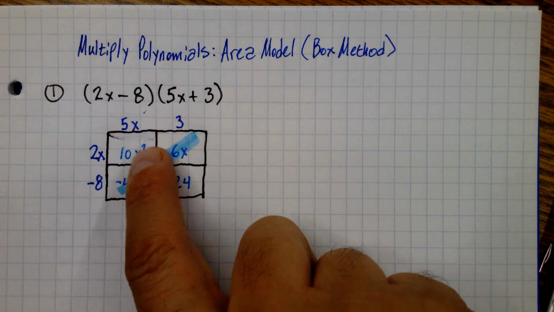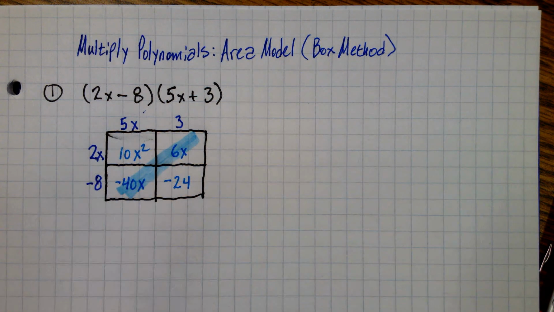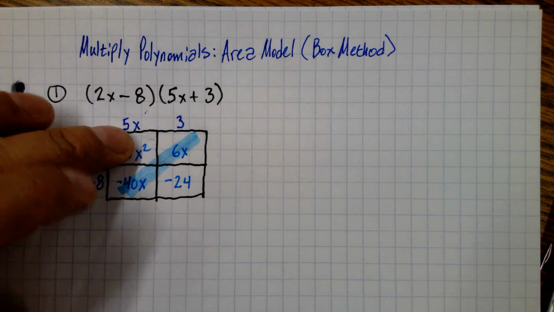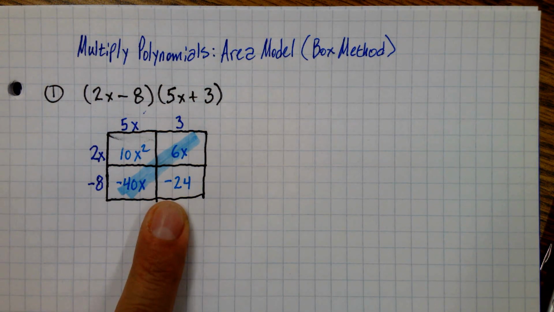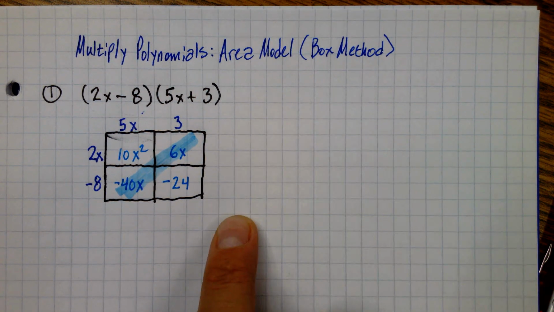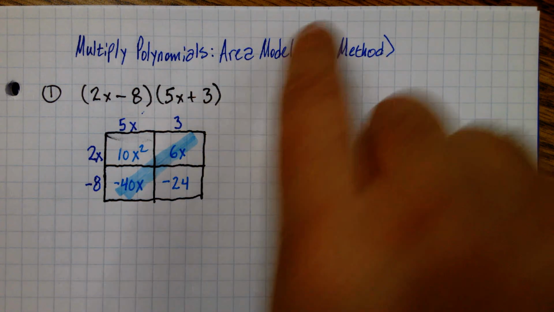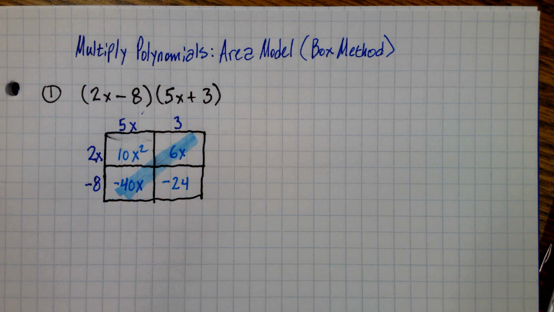Those are like terms. Now, 10x squared is all by itself. It doesn't have a diagonal number, right? So it has nothing to combine with. Negative 24 also doesn't have a diagonal number, right? And it has nothing to combine with. So the beauty of this method is everything that combines, if you did things correctly, should be diagonal to itself. And you're really going to see it in the next example.